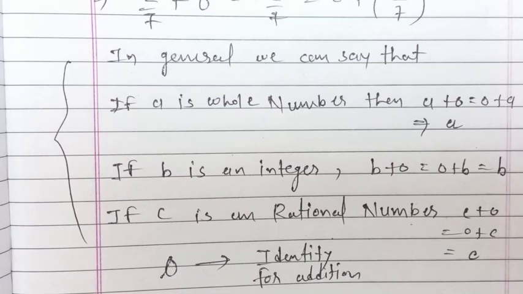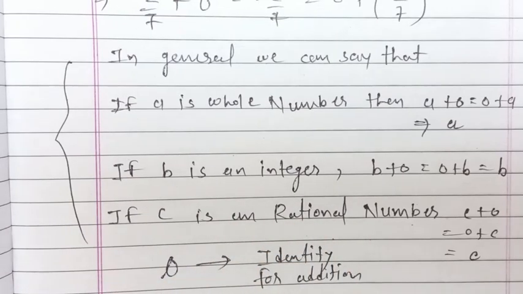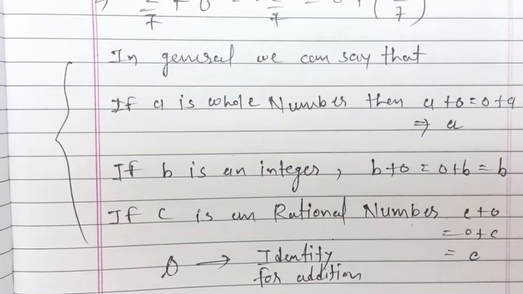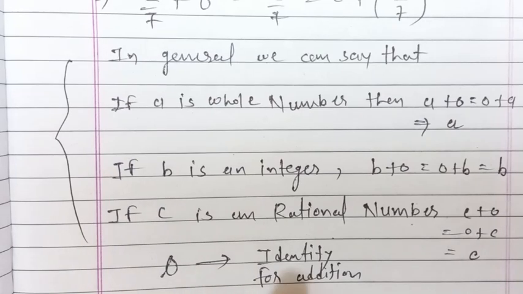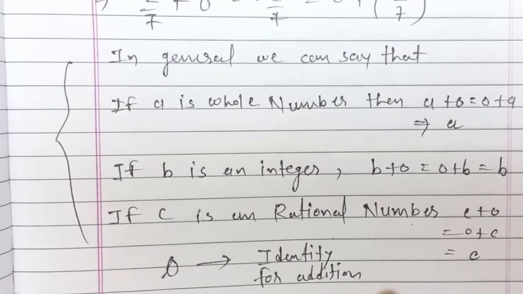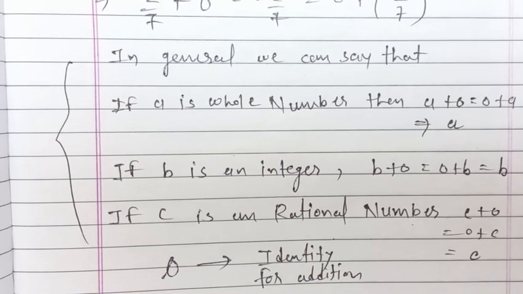If we talk about identity for multiplication, then 0 will not be the identity element. 0 is the identity for the addition of rational numbers. It is the additive identity for integers and whole numbers as well.